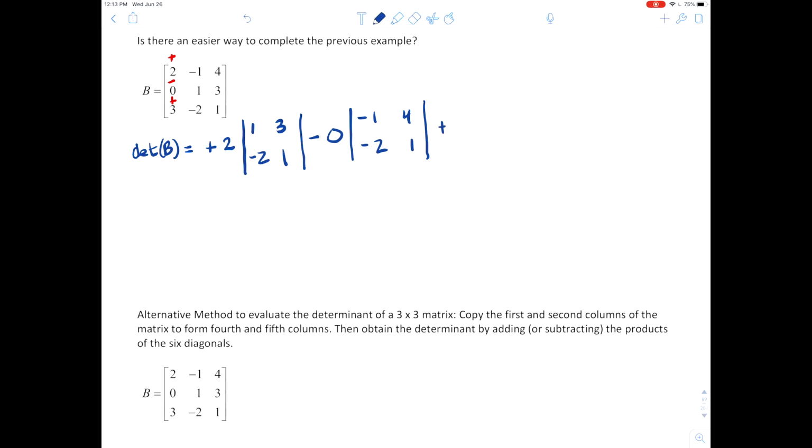The last one will be plus 3 times the determinant you get when you cross out the third row, first column, which is negative 1, 4, 1, 3 inside that notation. And so again, just to identify everything, this 2 is our B11. This 0 is our B21, and the 3 is our B31.